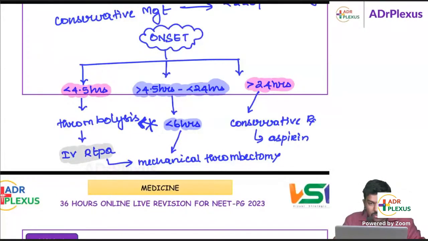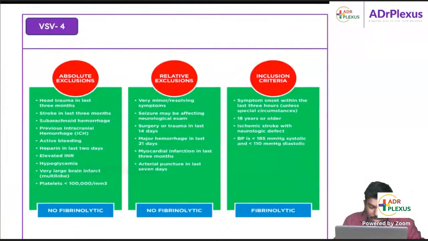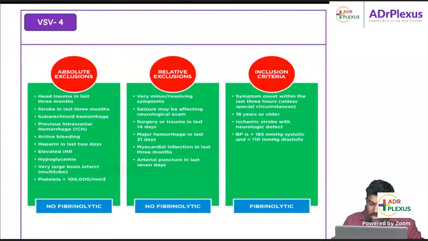And what are the indications and contraindications of thrombolysis in stroke? From our regular class, we have discussed contraindications on a table, present contraindications and past history contraindications. I have consolidated those things.